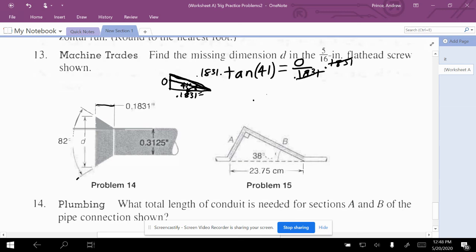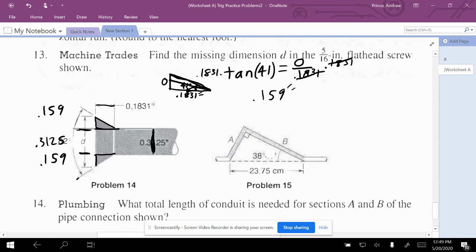So 0.159, we'll just stop it there, inches rounded. Multiply that by 2, because I have 2 right triangles, right? And I already know this dimension. So I have here and here so far as 0.3125 and my 0.159 on top and on bottom.